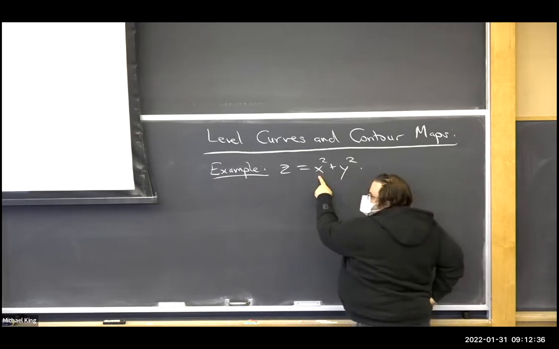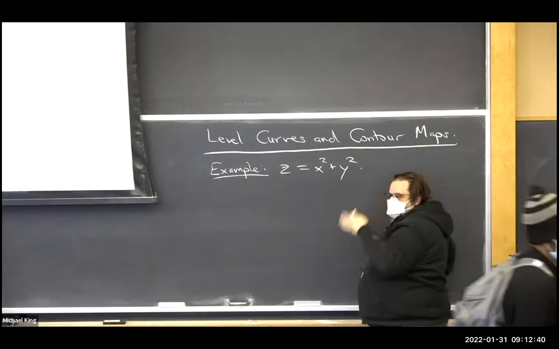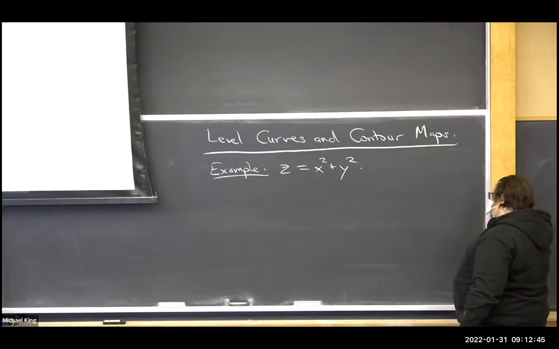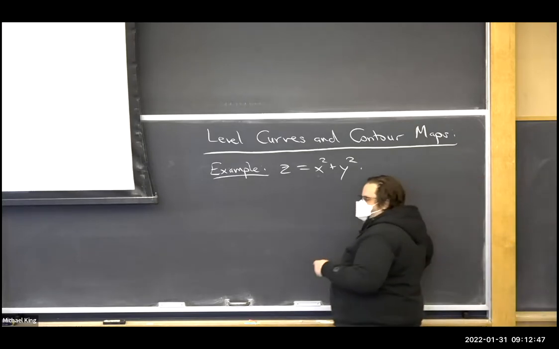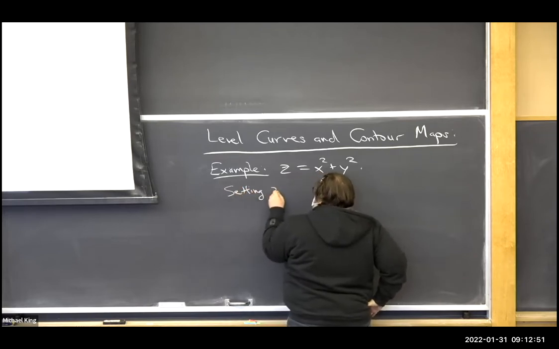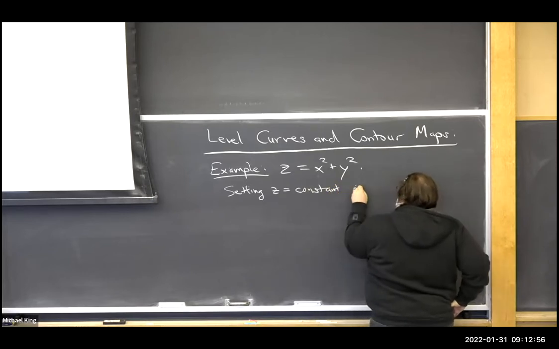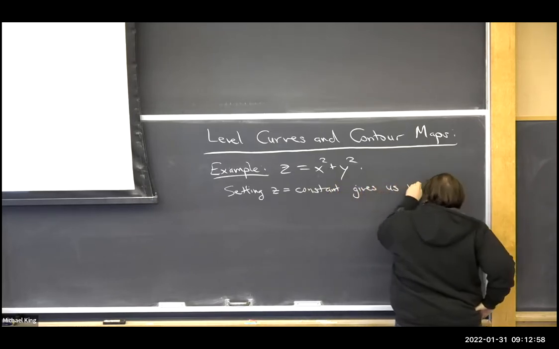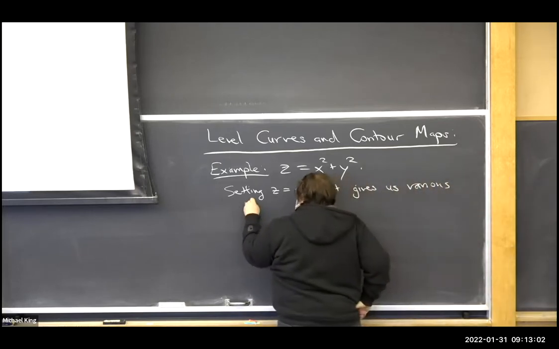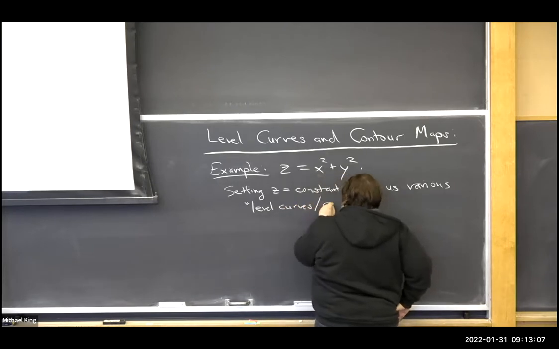We've tried setting x equal to constants and gotten x equals constant cross sections. We tried setting y equal to constant and got y equals constant cross sections. And so now we're going to try to set z equals constant. Setting z equals constant gives us various what are called level curves or contours.